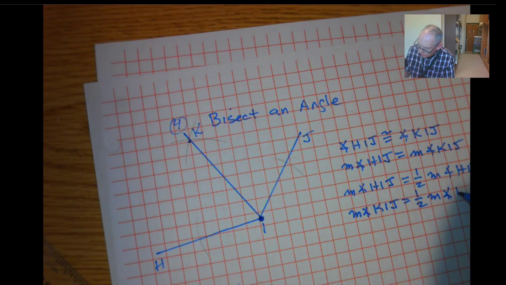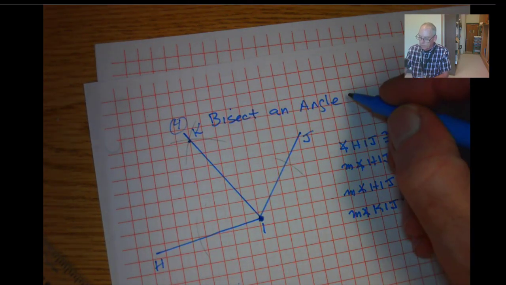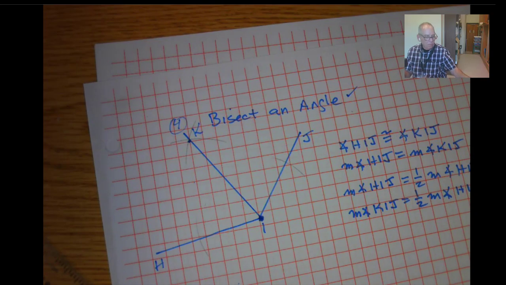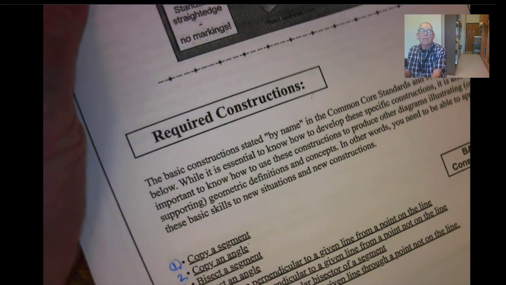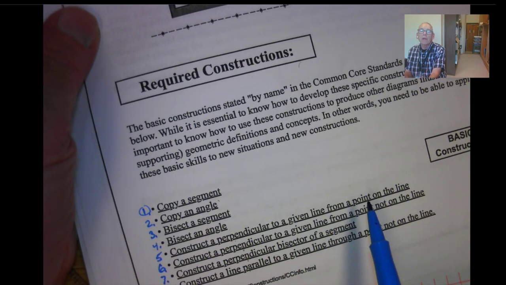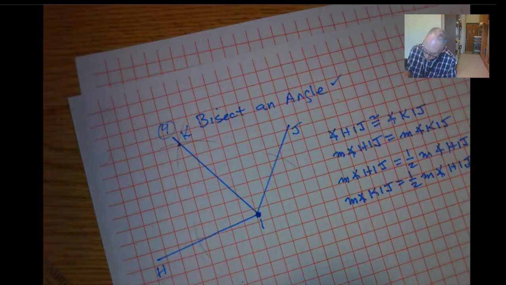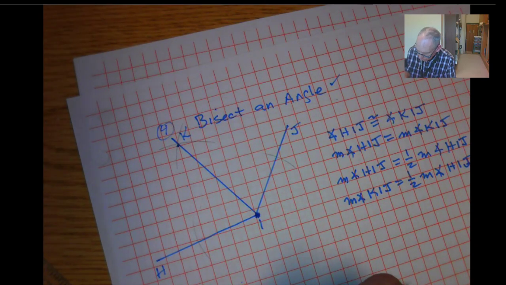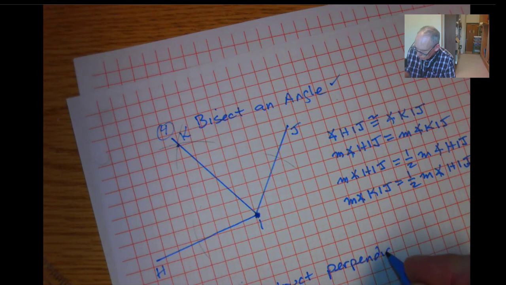So we'll look at our next construction, number 5. Number 5 is construct a perpendicular to a given line from a point not on the line, or from a point on the line, I think.